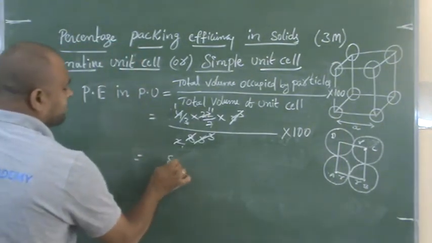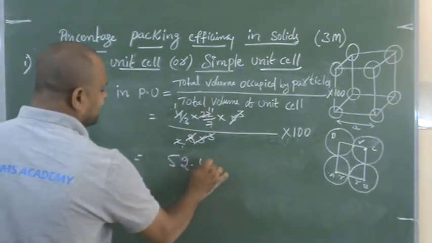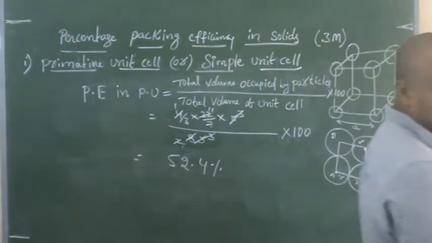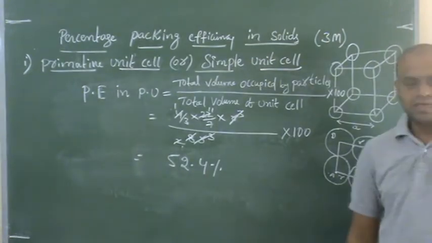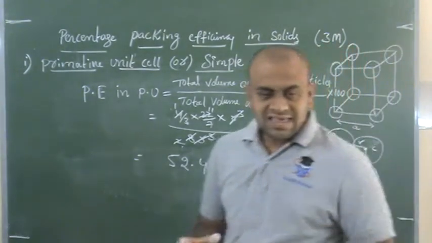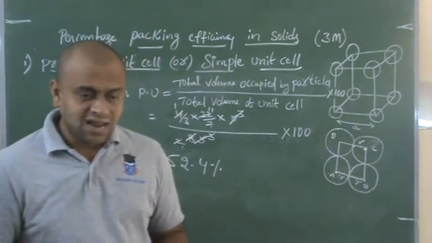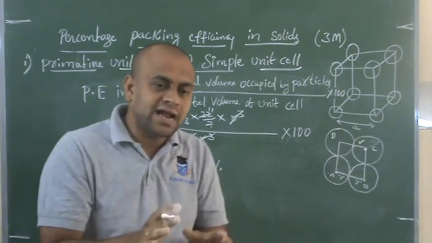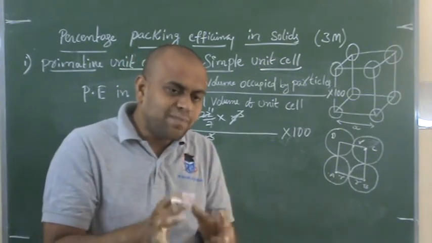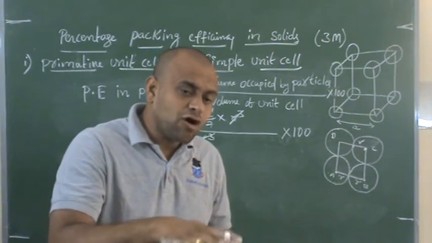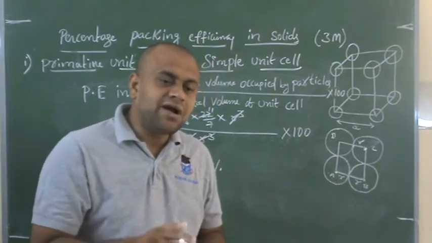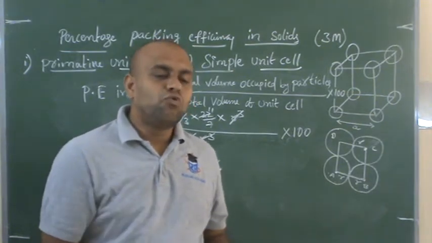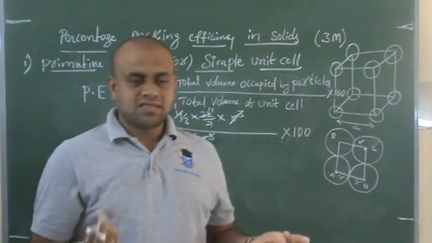So you will get 52.4%. So understood? In a primitive unit cell, if the entire volume of unit cell is 100, in that 100%, 52.4% space is covered by particles. The remaining percentage is void, that is empty space.